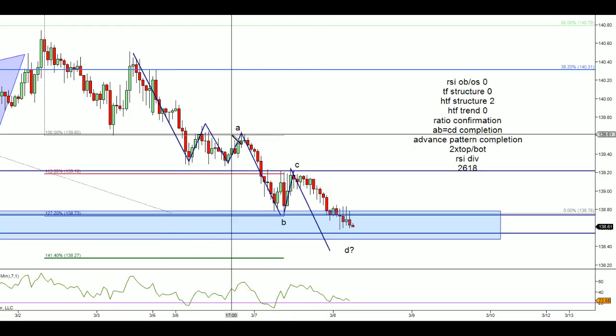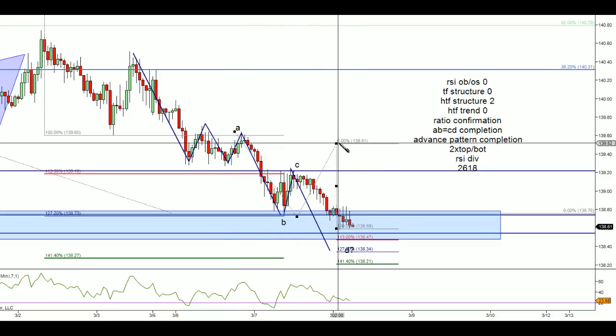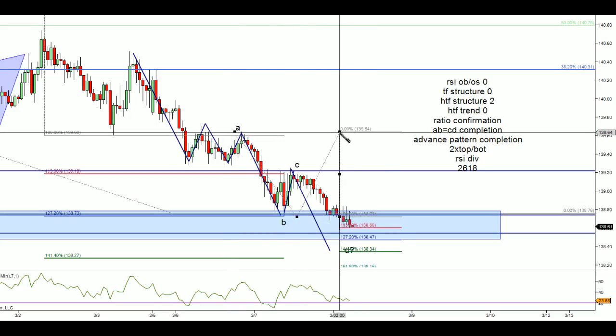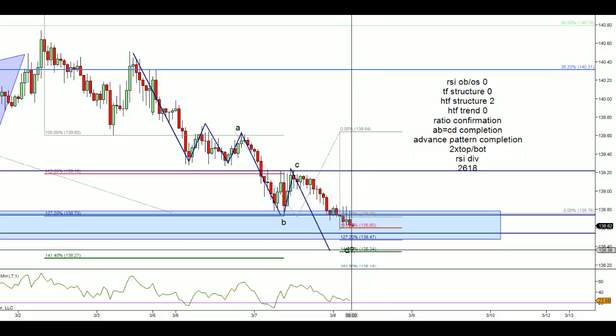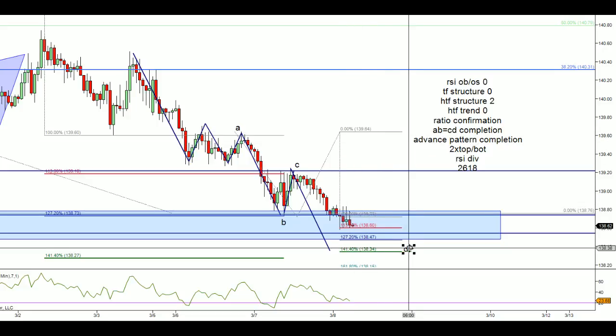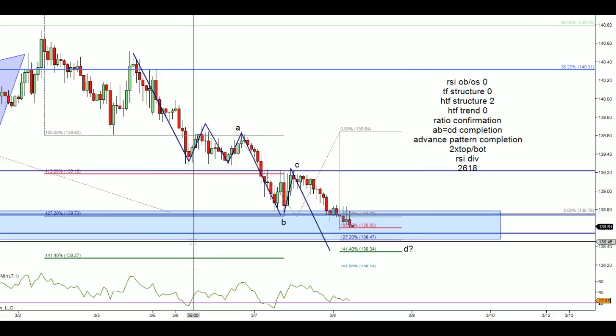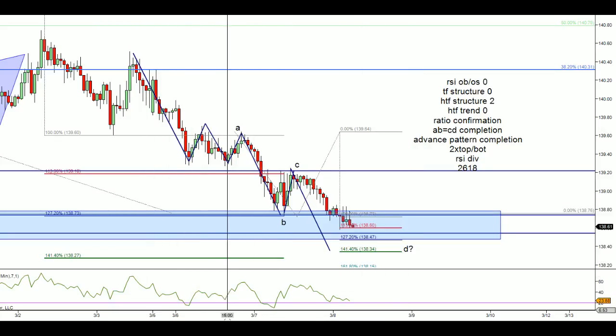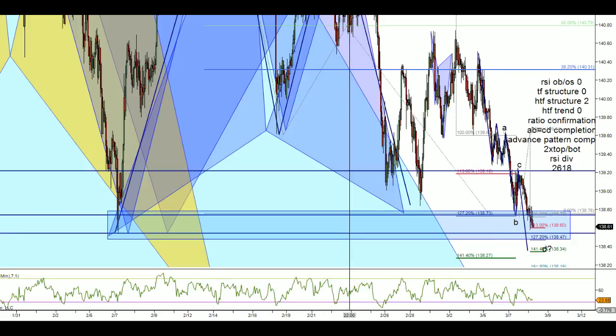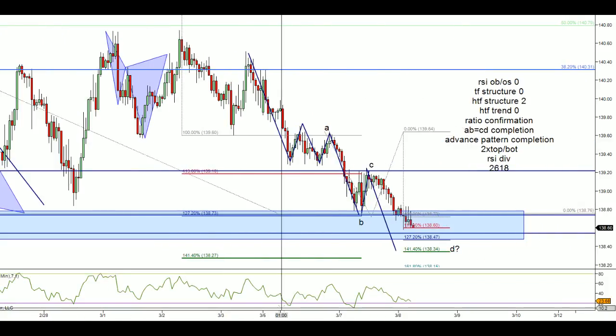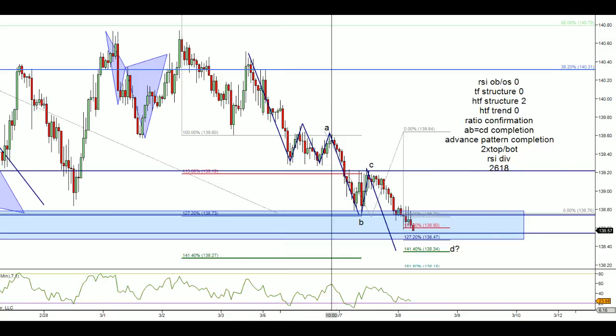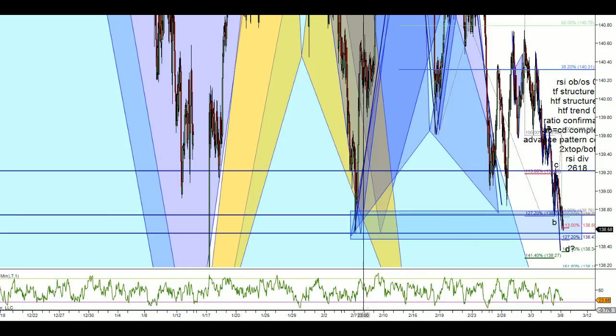Do we have confirmation? 1414 right there. So that's really going to be it, because that level's going to be lower. 886 is going to be higher.